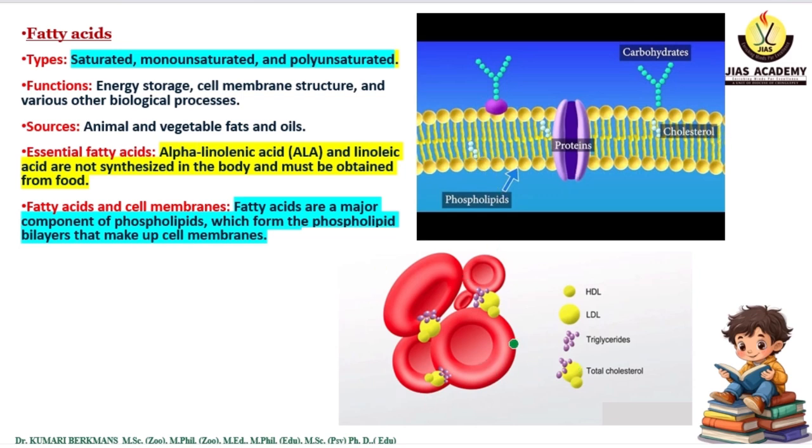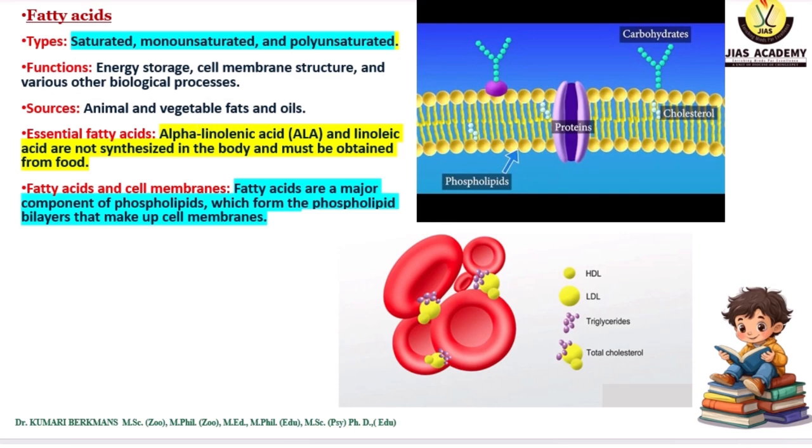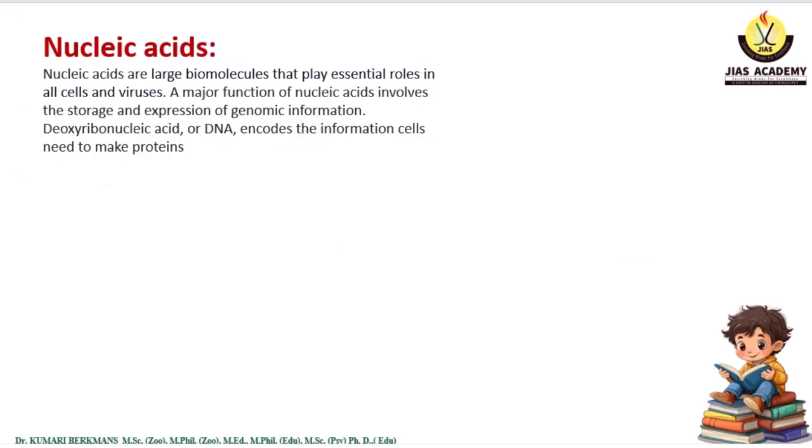And these are the red blood cells. What you are seeing here is the blood cells, and in between this is LDL, this is cholesterol, it is not good for health, and this is HDL. Triglyceride is very good for health. Okay. Nucleic acid.